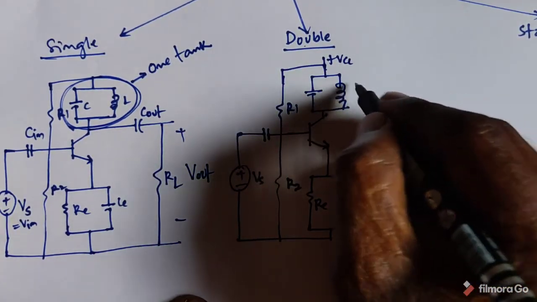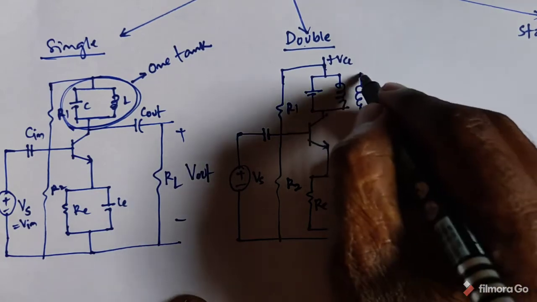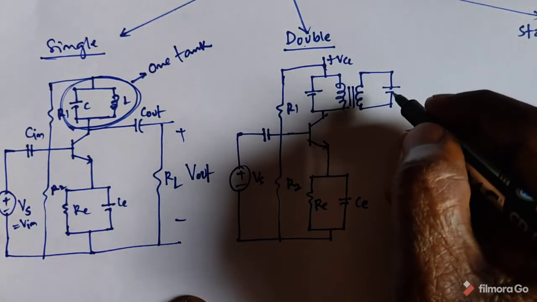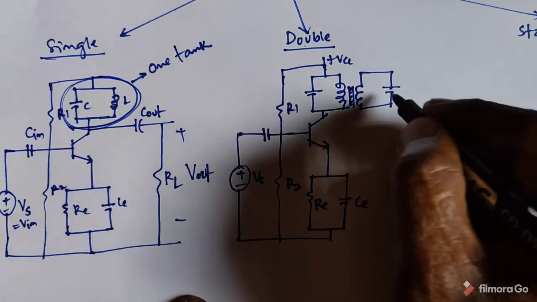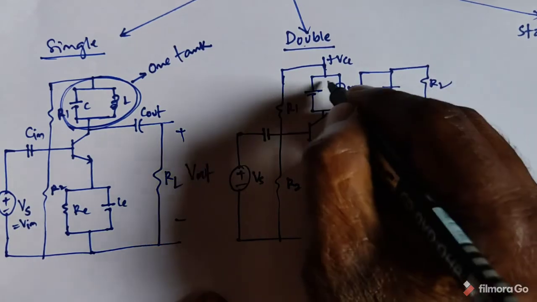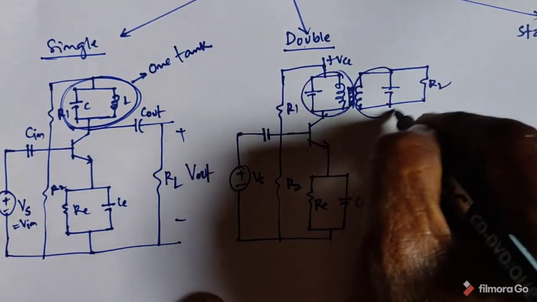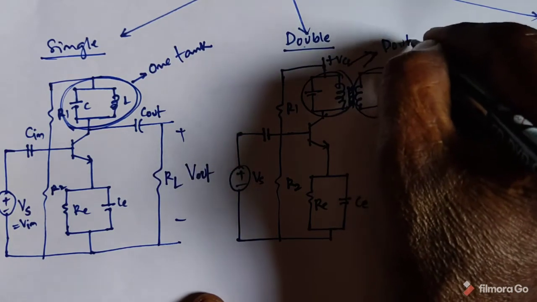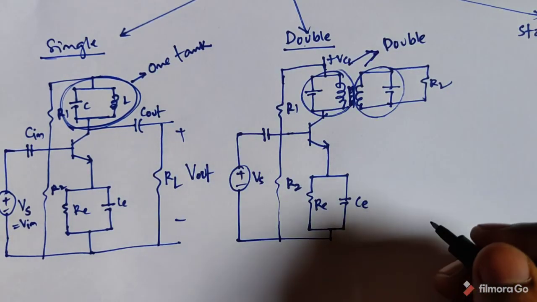Take one more inductor and one more capacitor across this, and then take the load resistor across this value. This is one tank circuit and this is another tank circuit. Based on this condition, this is called the double tuned circuit diagram.